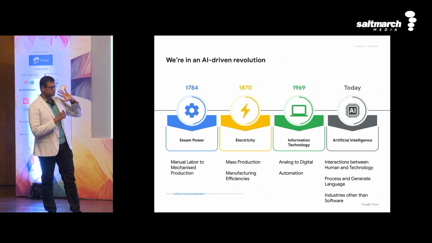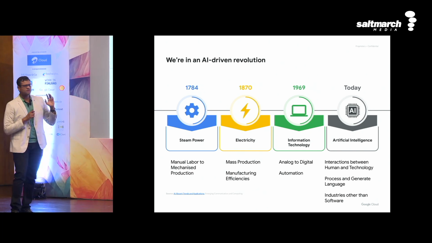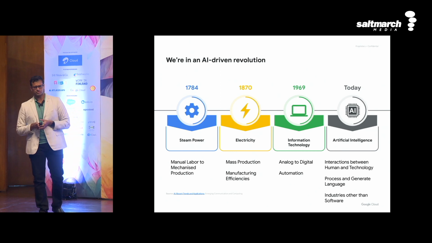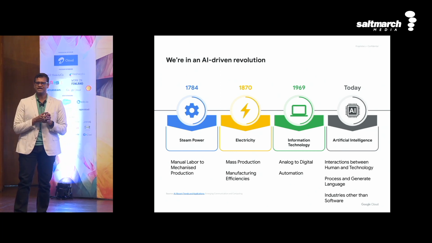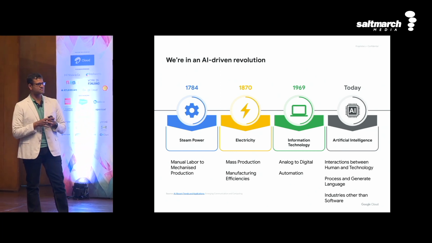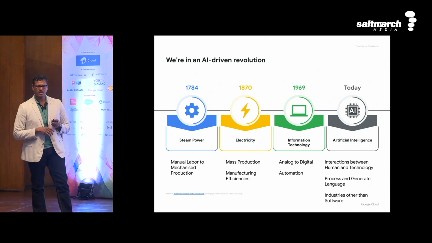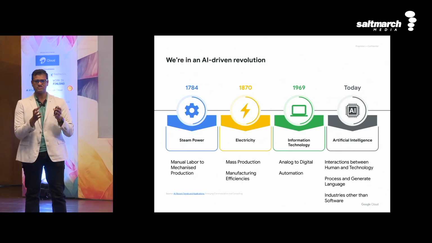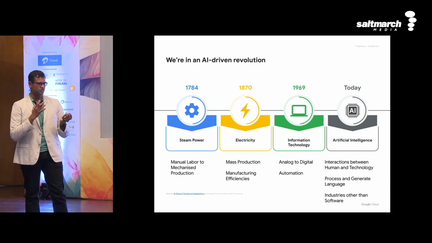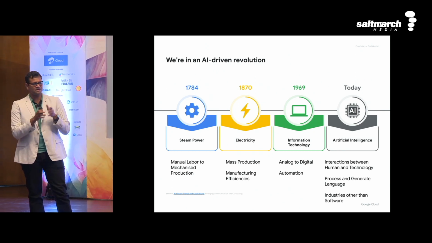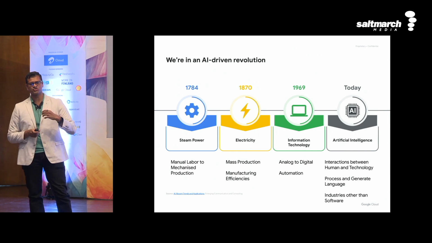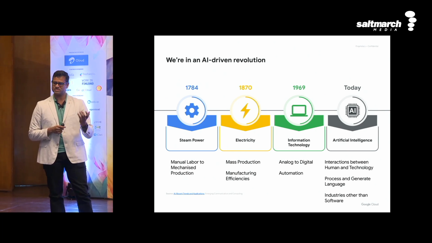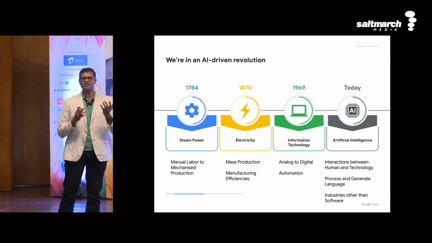Humankind has gone through multiple industrial revolutions. We are currently in the 4th revolution, and this is the AI-driven revolution. It is going to be powered by interactions between humans and technology, and the way this is going to happen is through being able to process and generate human language.